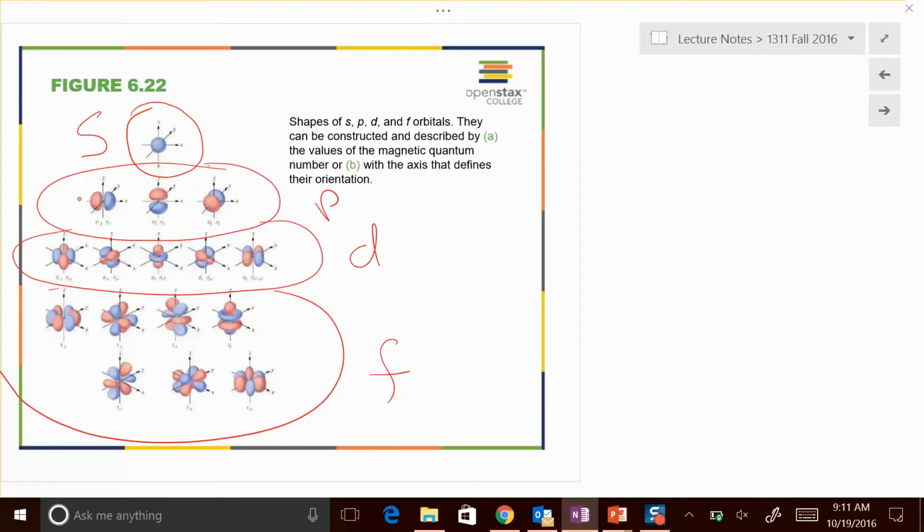How many orbitals do you have for the P's? 3 orbitals. How many electrons are in each one? 2, because I have 1, 2, 3, 4, 5, 6 electrons. How many orbitals are there for an S? 1. How many electrons fill it? 2 electrons. Electrons pair. That's what they do.